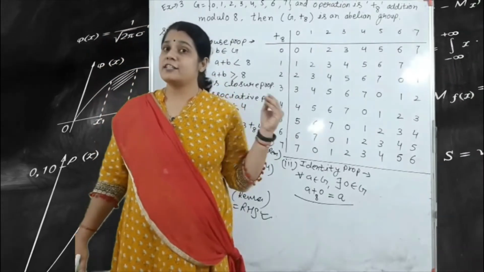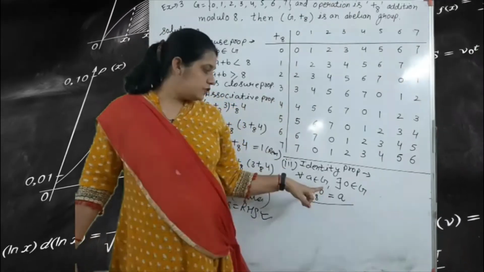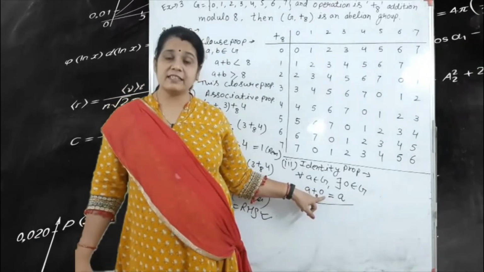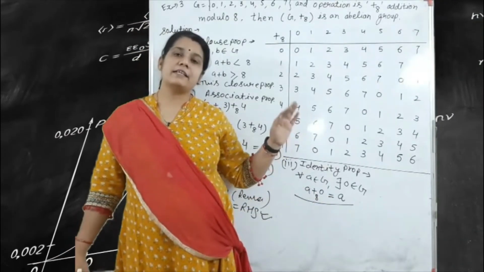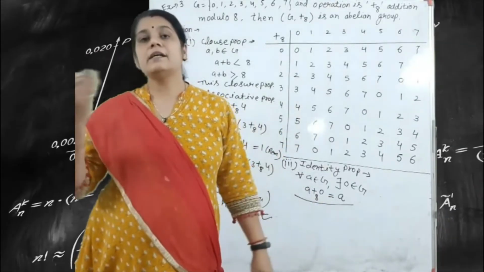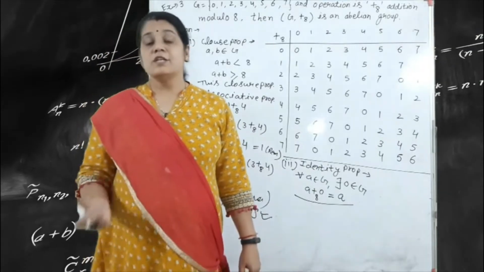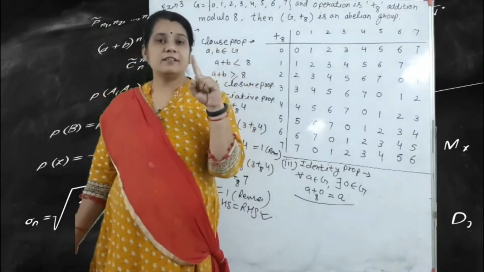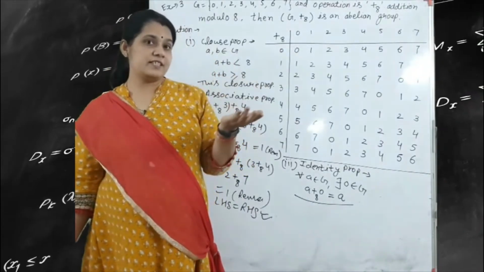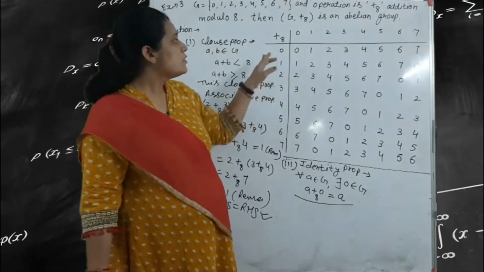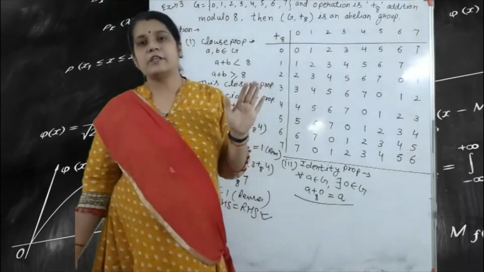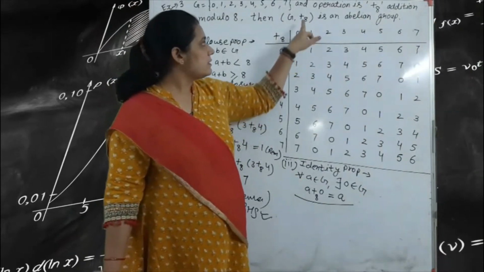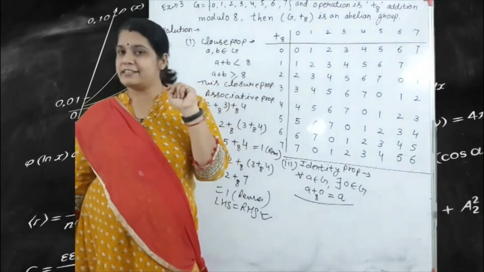We already saw in the previous lectures, your identity element you always write in the right hand side of the inverse property. Okay, so inverse property, that means what? There is a trick, or you can say a very important logic. According to your table, this question depends on the addition modulo 8.